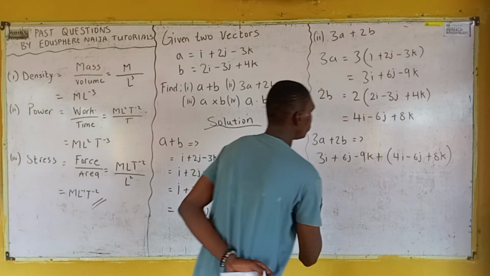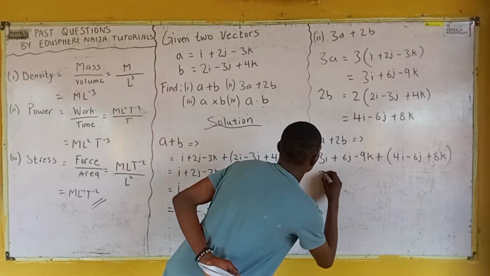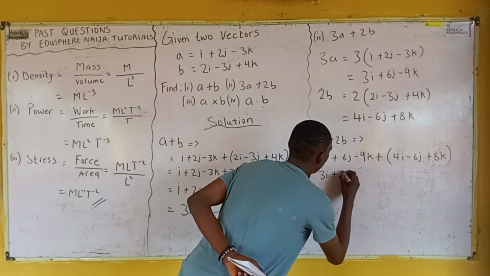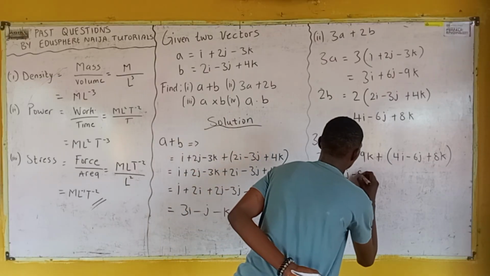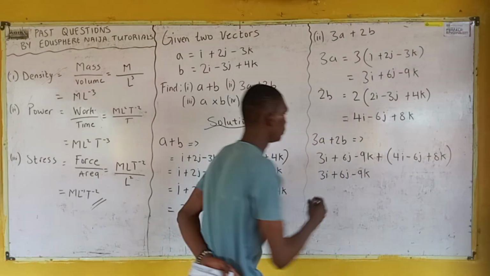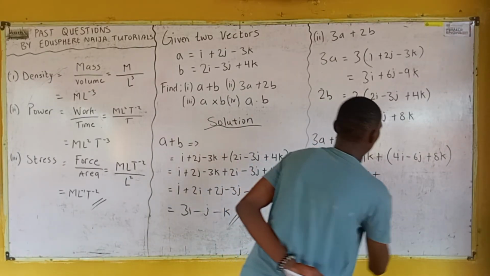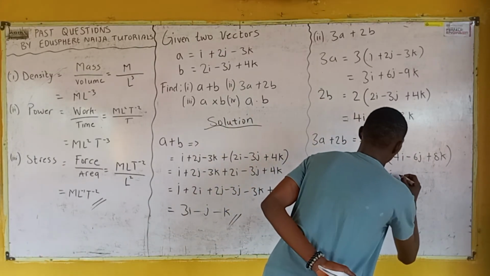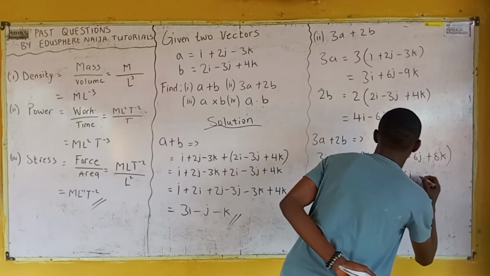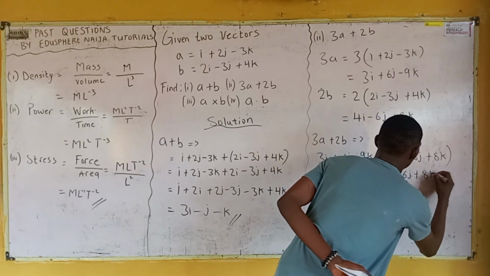So we have 3I plus 6j minus 9k plus 4I minus 6j plus 8k.